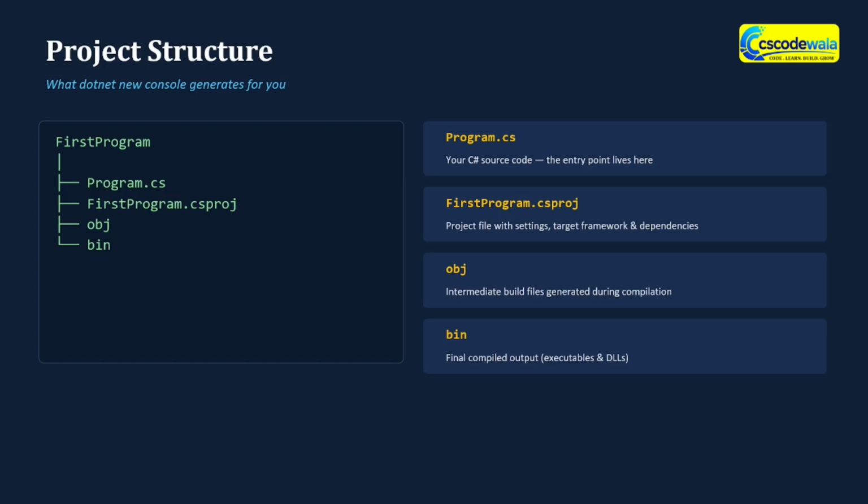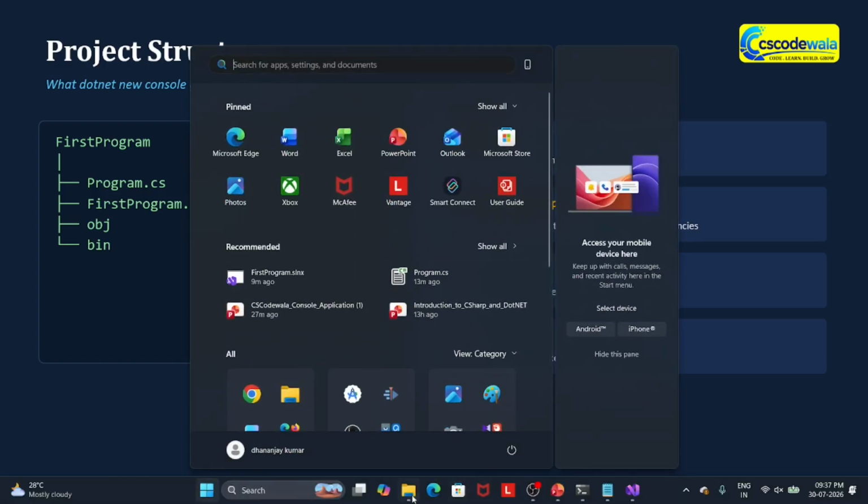The obj folder stores temporary compilation files, and the bin folder contains the final compiled application. Normally you don't edit these folders manually. So let's see our folder structure.